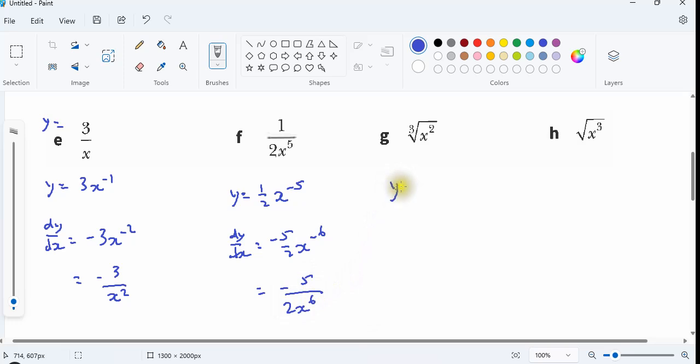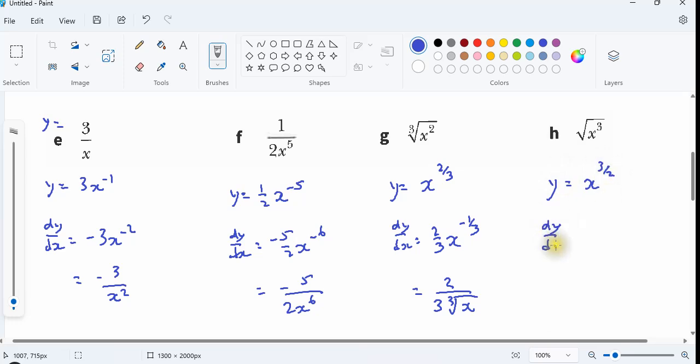And then the y for this one will be x to the power of 2 over 3. Then dy/dx will be 2 over 3 x to the power of negative 1 over 3. So this will be 2 over 3 cube root of x. Okay, so we have y equal to x to the power of 3 over 2.